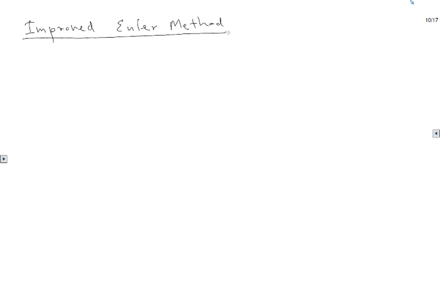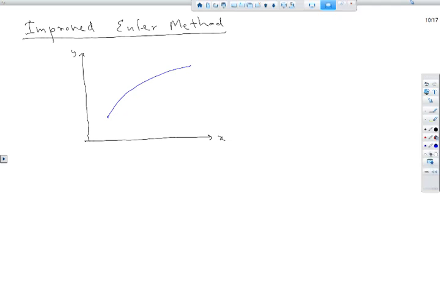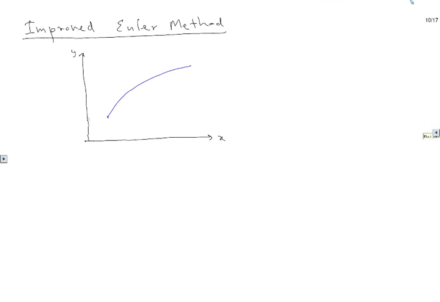So this is the idea. Let's look at the graph. This is the x value and the y value. Let's say you have a graph, and this is the starting point, as before.